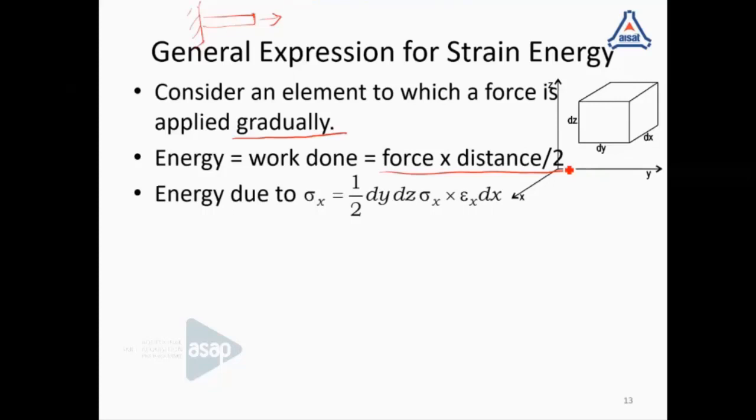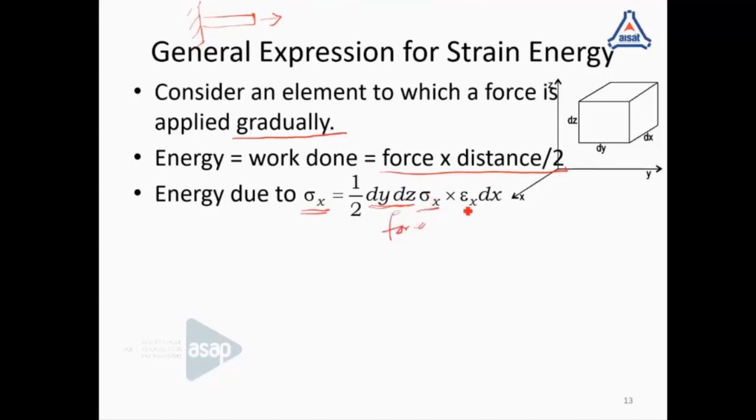So here the energy due to sigma x, that is the load applied in the direction of x, is dy into dz, the area of cross section of the surface perpendicular to the x direction. Area into stress becomes force.